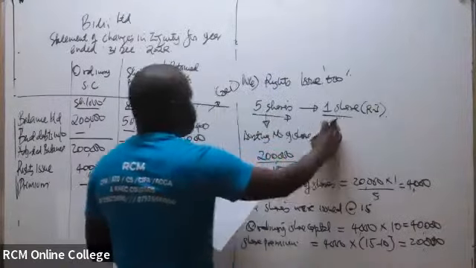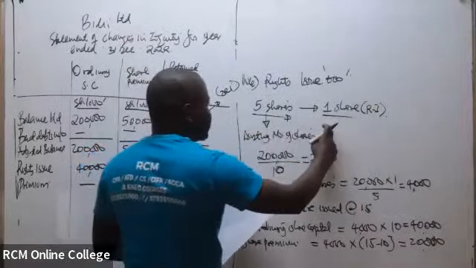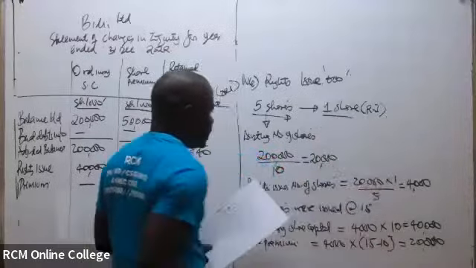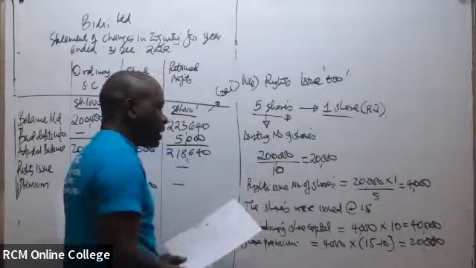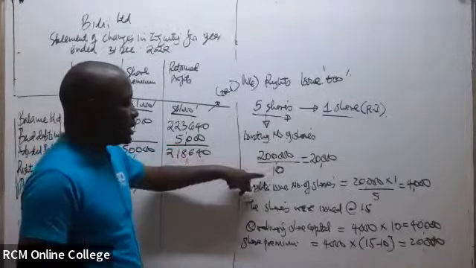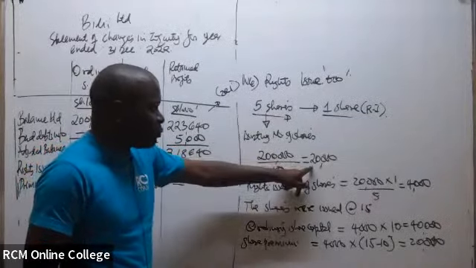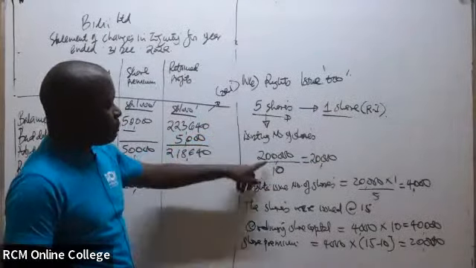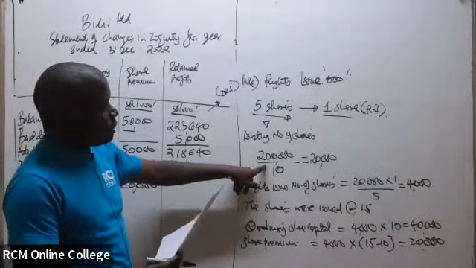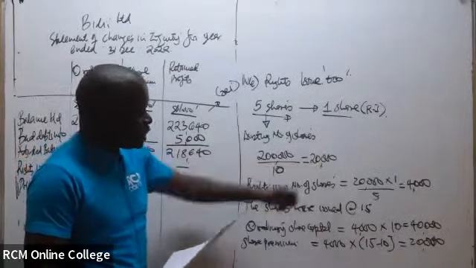And therefore, we need to compute the number of shares in terms of rights issue that were issued. First of all, we must know how many shares are existing currently. For the number of shares existing currently, every 5 of them will represent 1 share as a rights issue. It is 200 million divided by 10. You get 20 million shares.